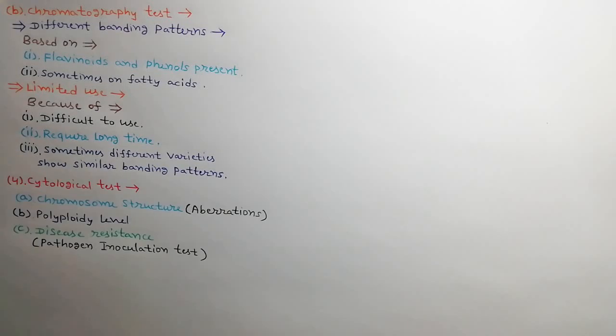In cytological test, sometimes the varieties are differentiated on the basis of chromosome structure or chromosomal aberrations, polyploidy level, and disease resistance or pathogen inoculation test. Study of molecular markers can also be used for genetic purity test. Molecular markers are specific locations present in DNA which are specific for plants of one variety.